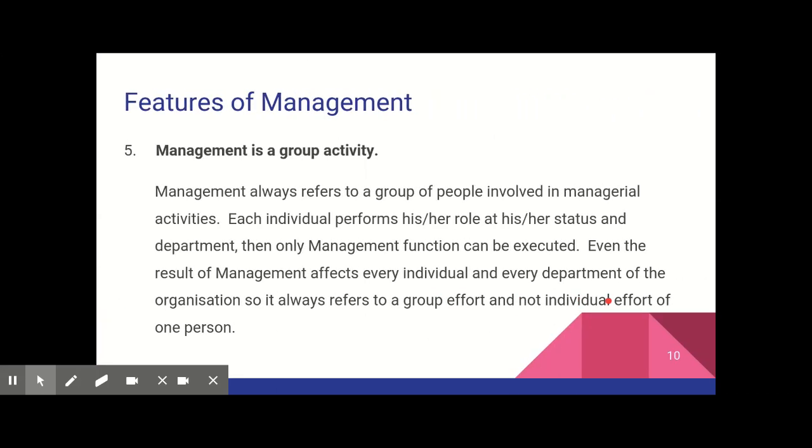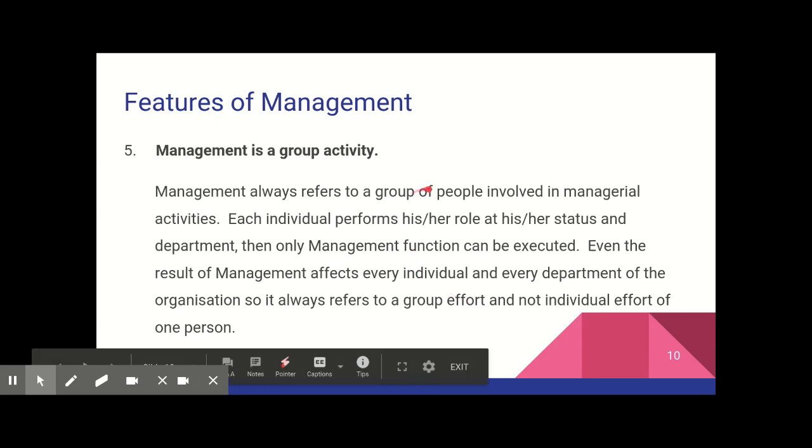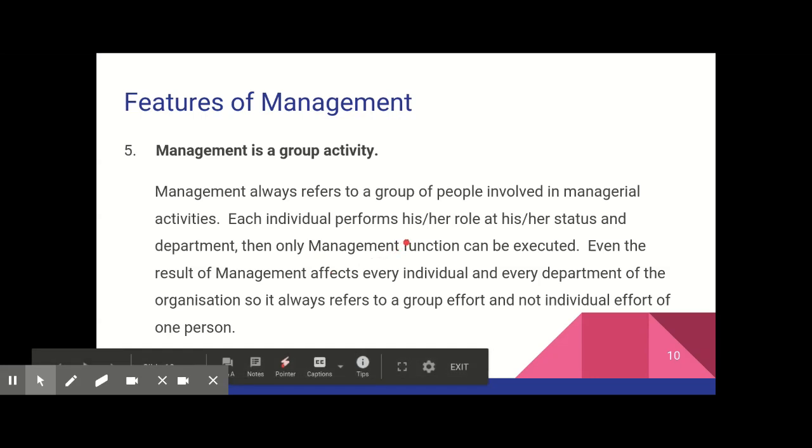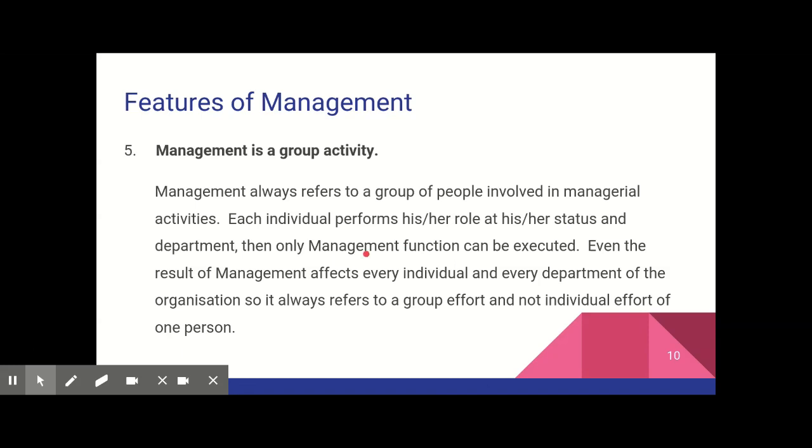Management is a group activity. Management always refers to a group of people involved in managerial activities. In a management, a group of people are involved, and all the people are working towards the organizational objectives. Each and every individual is performing his or her role according to his or her status and department.